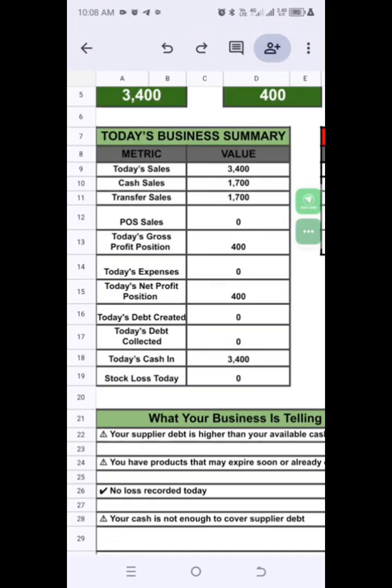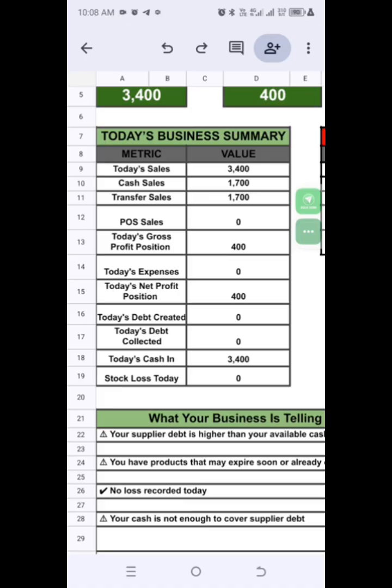So with this, you are able to reconcile at the end of the day. You will know that all the money that came through transfer is so much, all the money that came through cash sales is so much, and all the money that came through POS is so much. So at the end of the day, it makes reconciliation easy. Whatever you have in your POS or in your drawer should tally with what your system is telling you.